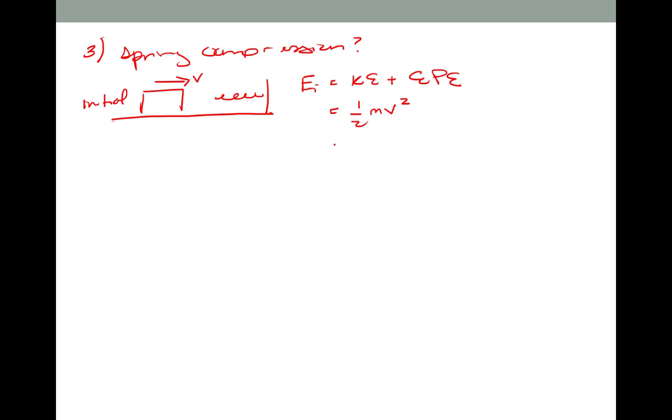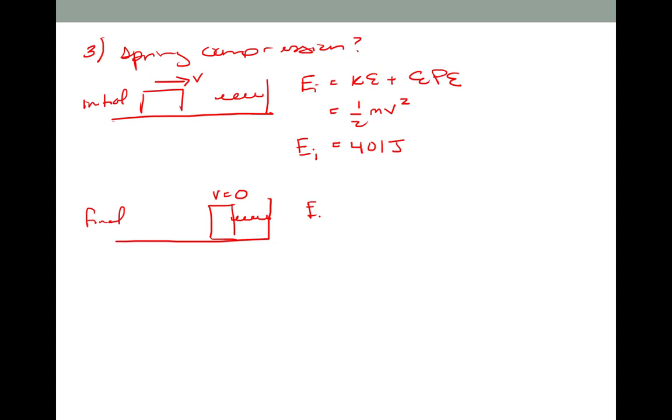However, we know the answer to this. We know that this has to equal 401 joules because that's the total energy we have for this portion. The block hits the spring and compresses it as far as possible, which means the velocity is now 0.